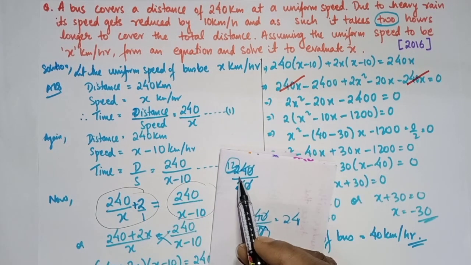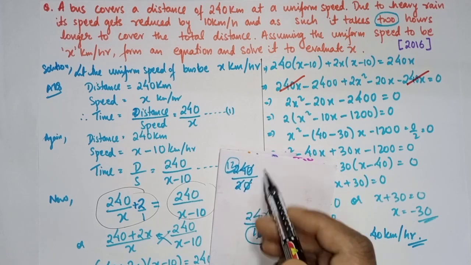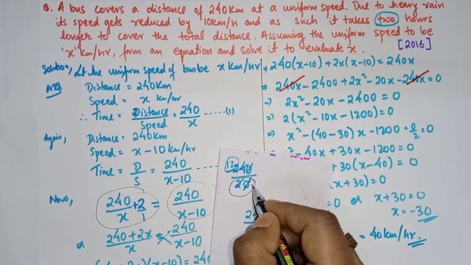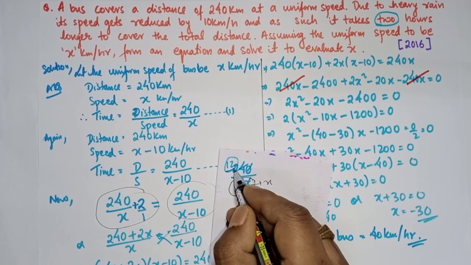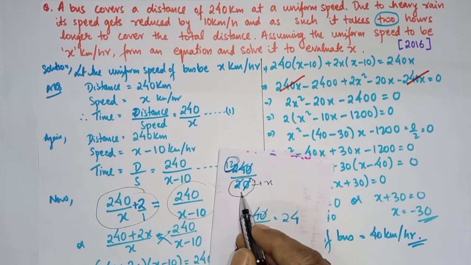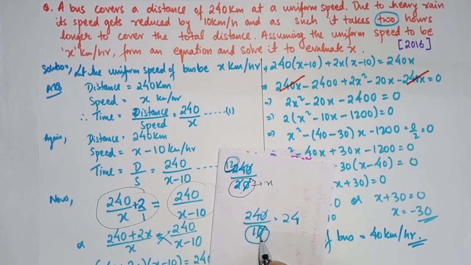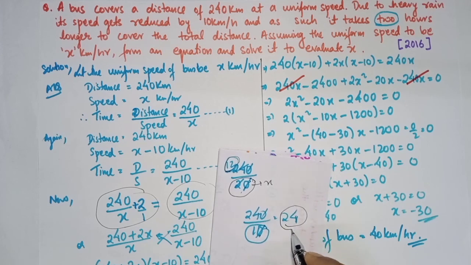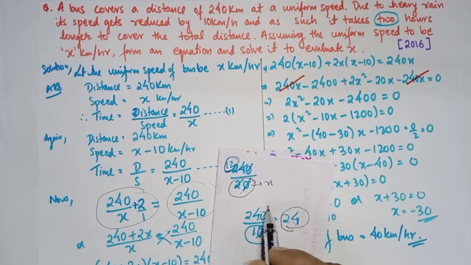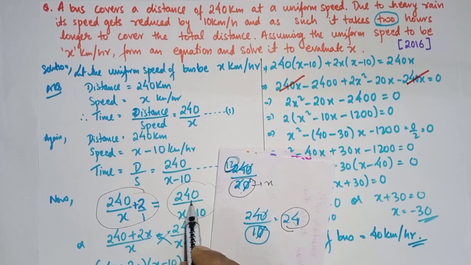You can do it in rough: 240 by 20. Okay, so 20 is bigger, I am taking 20x. When it gets cancelled, I got 12. So 20 minus 10 I'll get 10. So what I got is 24. Which one is bigger in this? 24 is bigger. That means this is bigger and this one is smaller. That means to make it equal, I have to put 2.